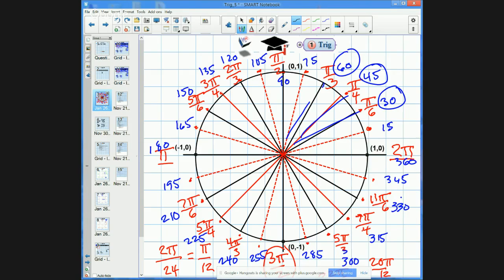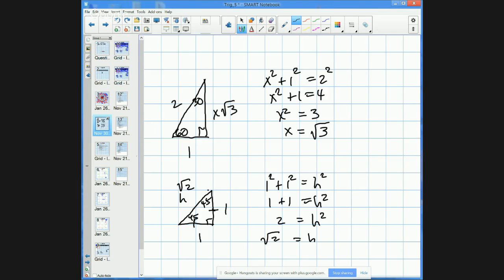And then the other really big foundation piece are the two special right triangles. The isosceles right triangle, which is on the bottom, where the two legs are of equal length, which I've labeled 1 here, and then using the Pythagorean theorem, as I did at the right, you can find the length of the hypotenuse.